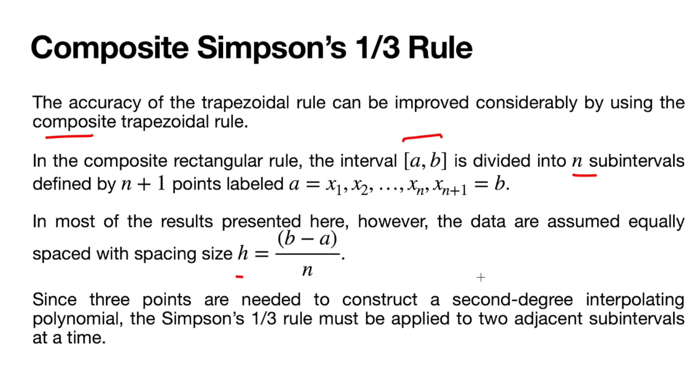For every 3 points we will apply this polynomial, then for the other 3 points we will apply another second degree polynomial, and so on. Then we will add these results to get our final integral.